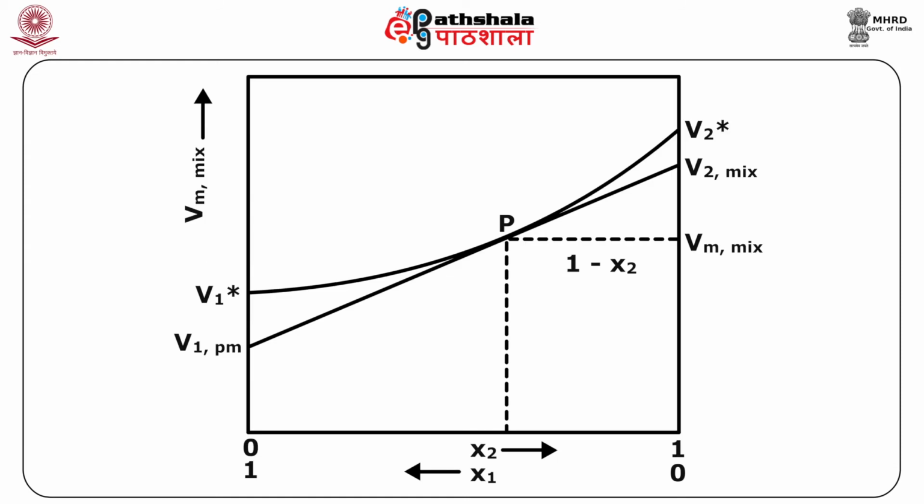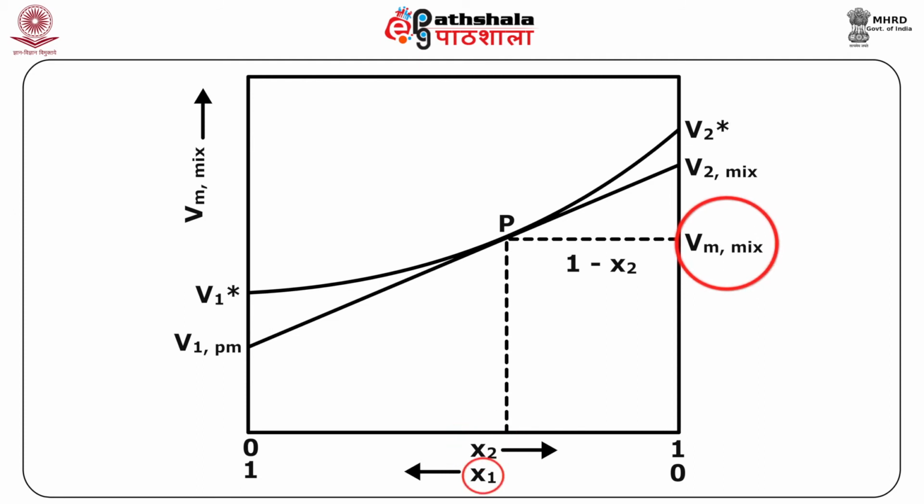The equations represent a tangent line drawn to the plot of Vm mix versus Chi2. Taking equation 57, the intercept is equal to V1 Pm, and accordingly the slope of the line is given by dVm mix by d Chi2.